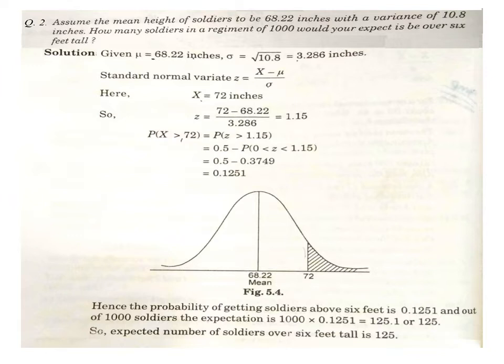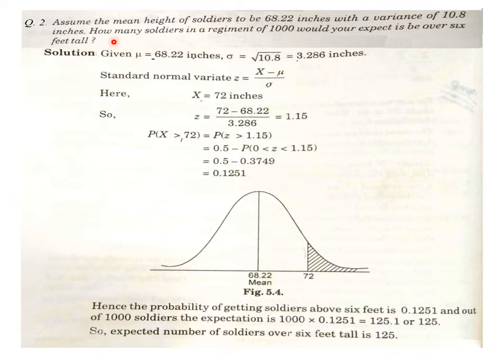Now question number 2, where the mean height of several soldiers is given as 68.22 inches and their variance is 10.8 inches. We have to find how many soldiers in a regiment of 1000 you would expect to be over 6 feet tall.